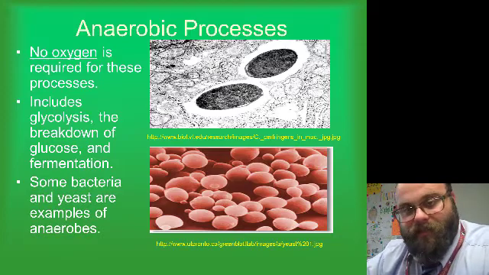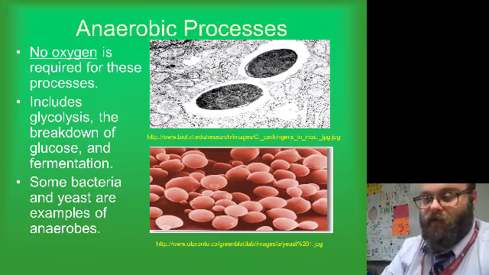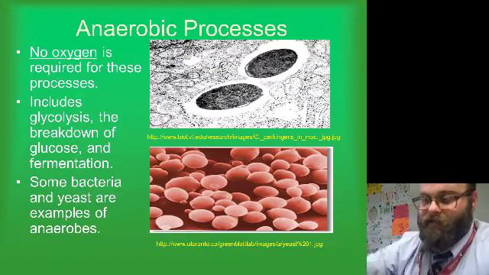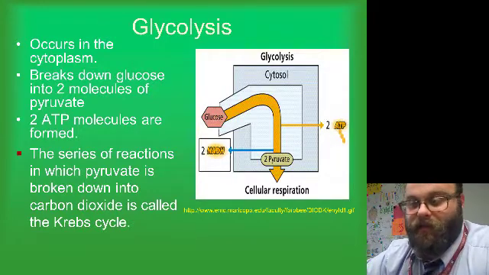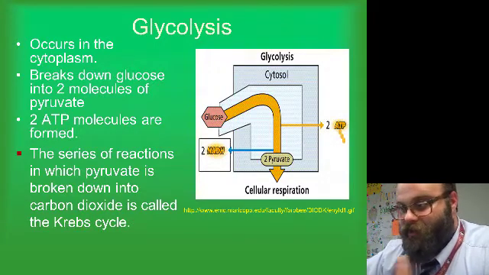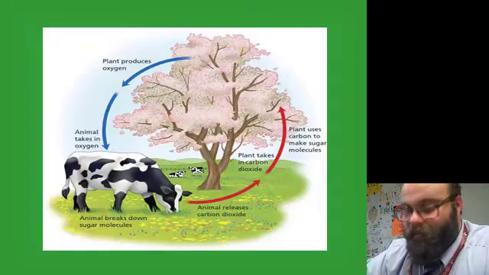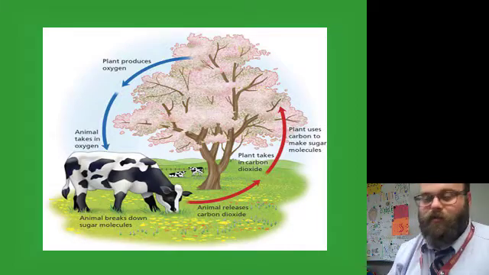It includes a process called glycolysis, which is where you take sugar that already exists and you break it down. That process is called fermentation. So glycolysis is something that happens inside of the cytoplasm, and it takes these sugars and breaks them down into usable chemicals like ATP.